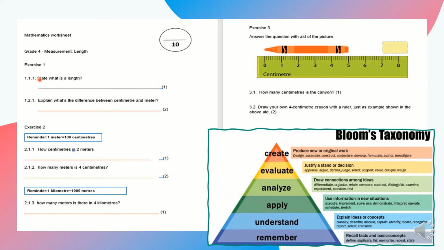That's why we're asking what is a length, first of all. Second, oh no, you actually jumped to analyzing: what's the difference between centimeter and meter? So we did apply multiple cognitive levels as the assessment asked us to do.